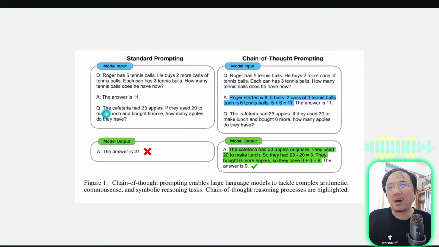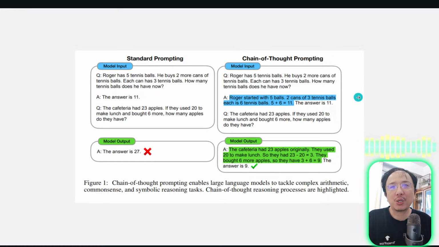So here, the cafeteria has 23 apples. If they use 20 to make lunch and bought 6 more, how many apples do they have? So it requires some calculation and reasoning. And currently, it doesn't give the correct answer.